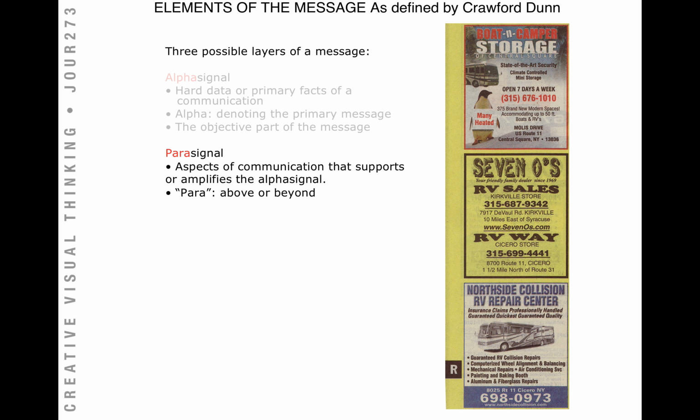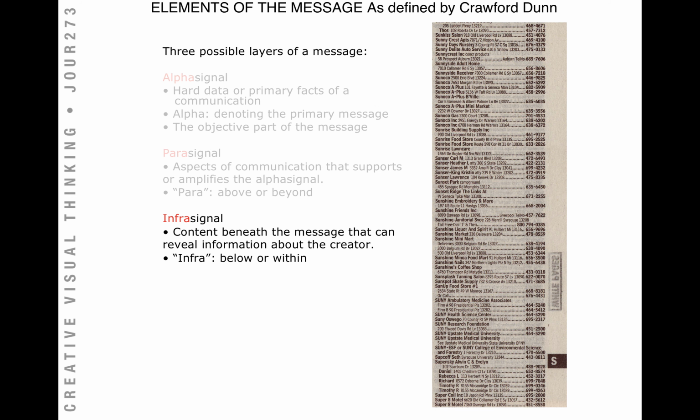Then we have the parasignal. That's going to be the data plus that amplification that it has. So like the illustrations, the house, the starburst, whatever it is in the picture, the fonts they chose, the color. And then we have an infrasignal. That's the information usually being transmitted unintentionally.